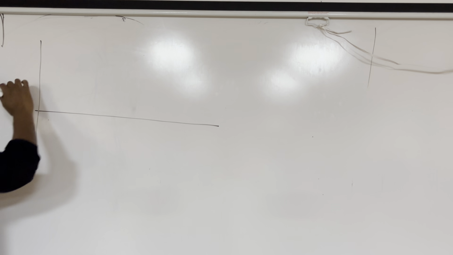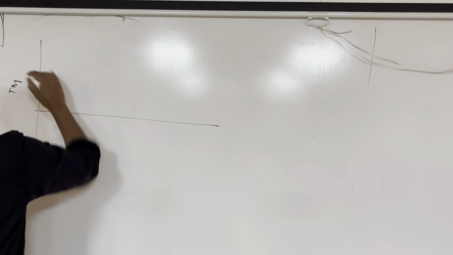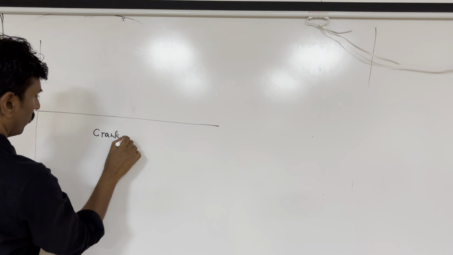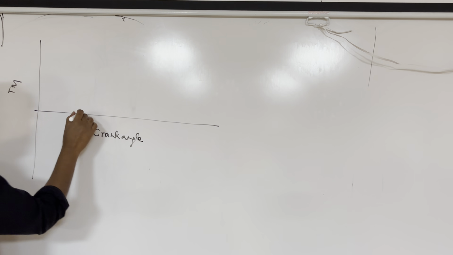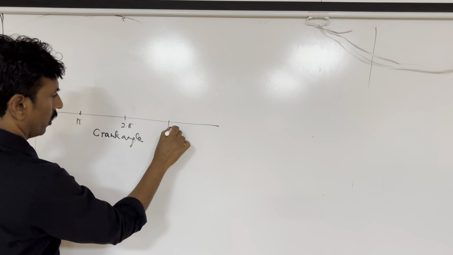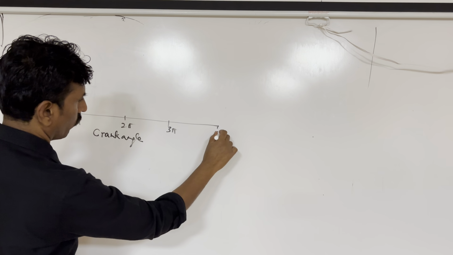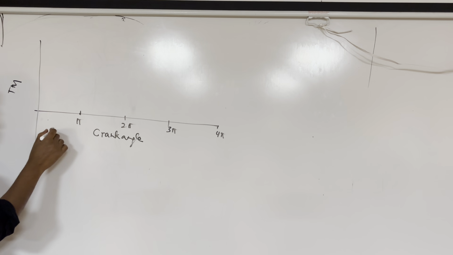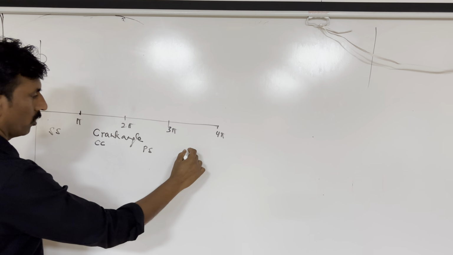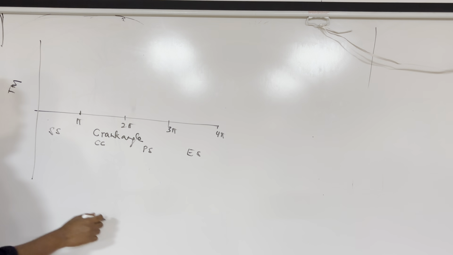This is turning moment. This is crank angle. So this is like pi, 2 pi, 3 pi, and 4 pi. This is suction stroke. This is compression stroke, power stroke, and the exhaust stroke.